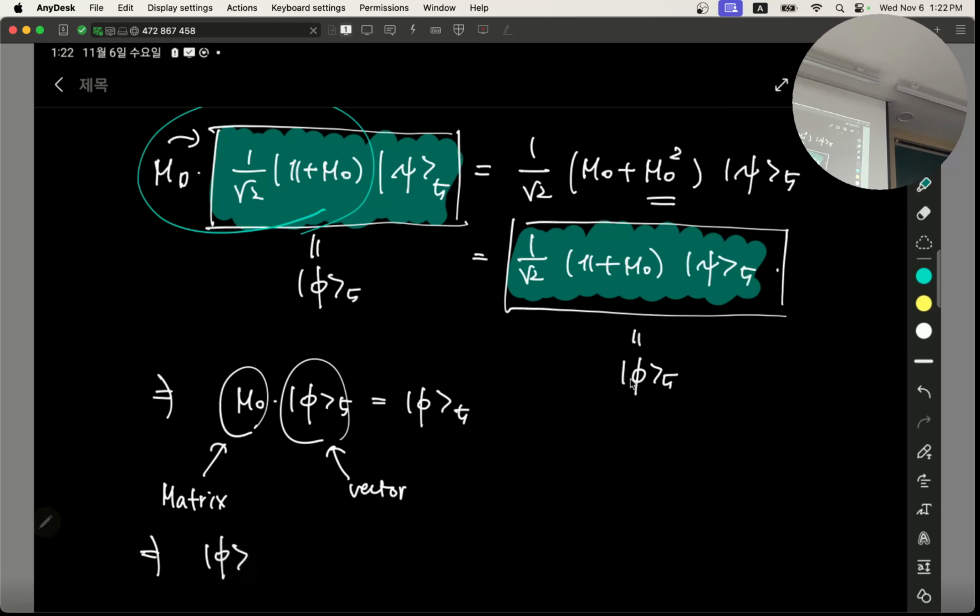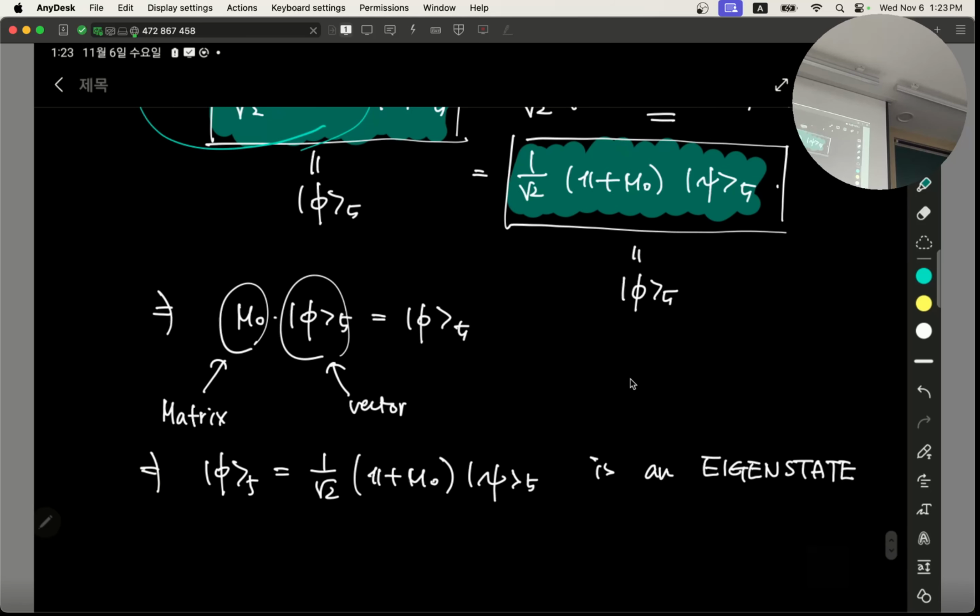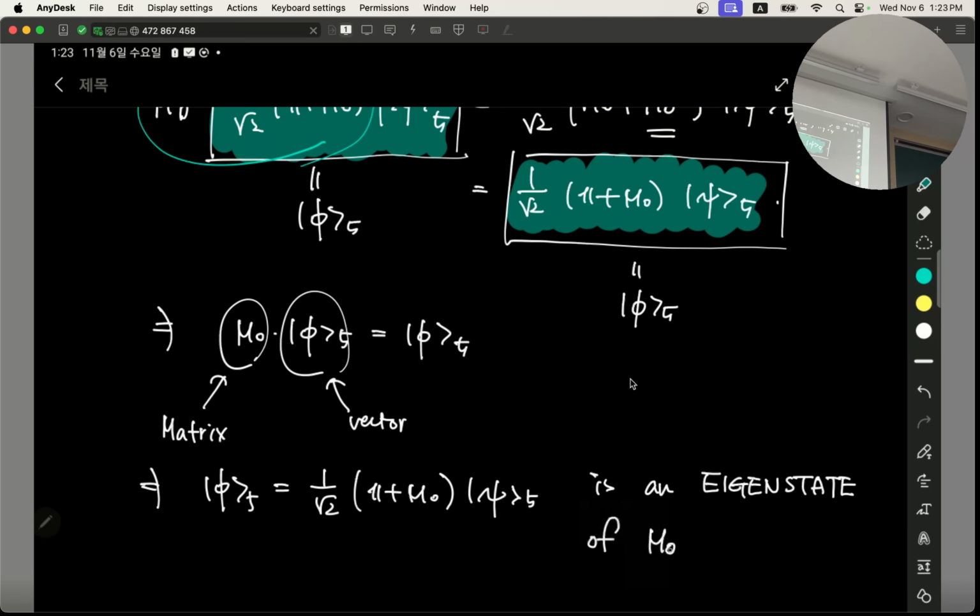So how did we get this phi? By applying this. It is an eigenstate. Let me write it clearly here. Eigenstate of what? M0. Okay.